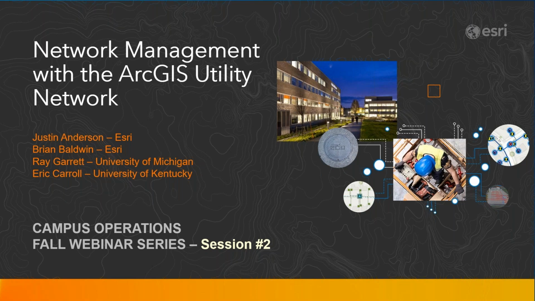So this is the second of 3 webinars in our fall series focusing on network management with the ArcGIS Utility Network. Today's utilities need actionable information to support complex networks. No matter your campus size, utilities need to provide a safe working environment, deliver reliable service, and maintain a focus on customer support.